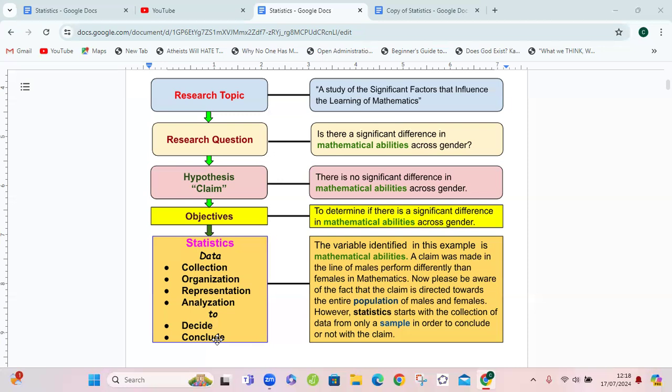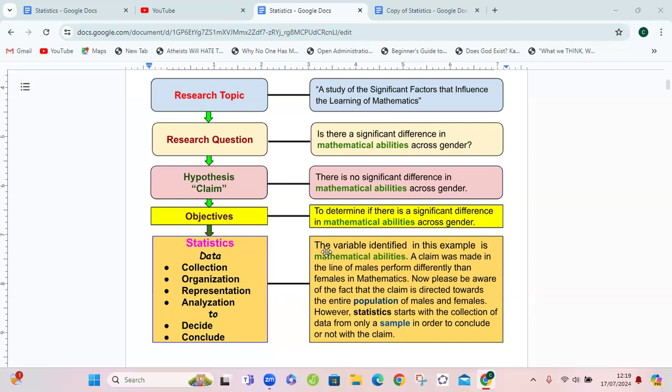And then we'll conclude now with either the null hypothesis or the alternative hypothesis, which is the proposed answer to the research question. But that will be done with the use of data that was collected. So these are the main stages in the statistical process: collection, organization, representation, and numerical analyzation to decide and conclude.